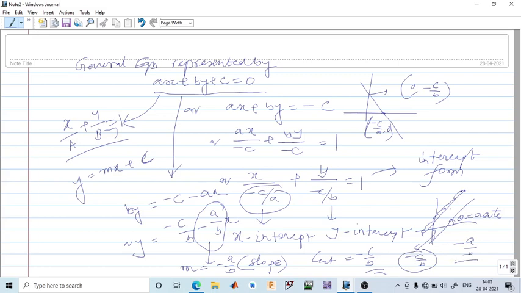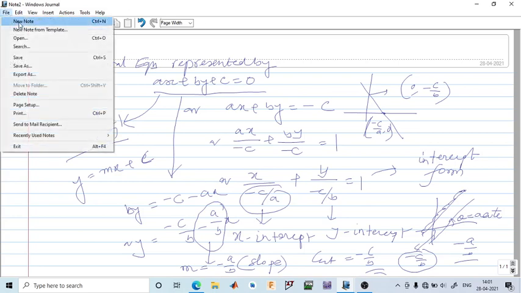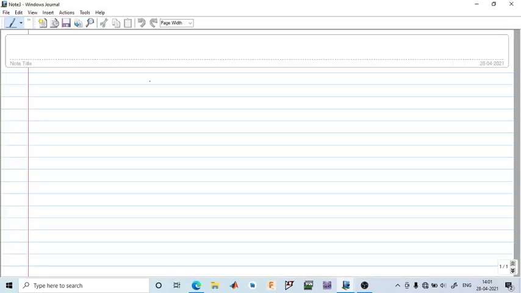So in another way, we can also do this for normal form. I have shown you the normal form is x cos alpha plus y sin alpha equals to p. So let's go to another note. Normal form, x cos alpha plus y sin alpha equals to p.